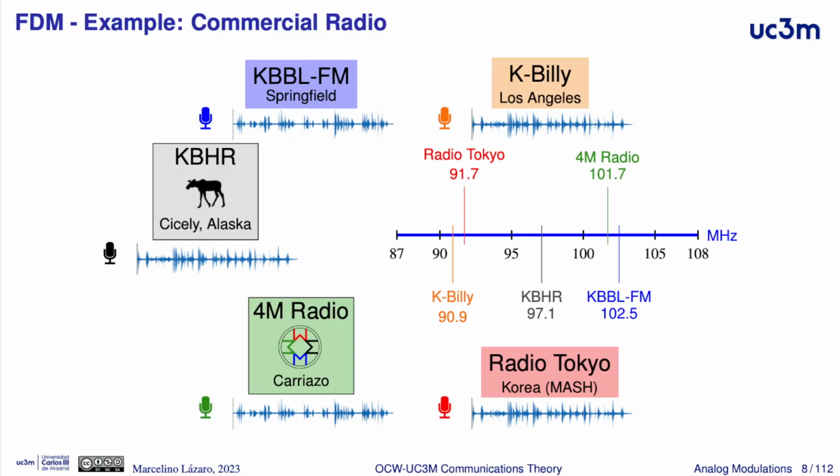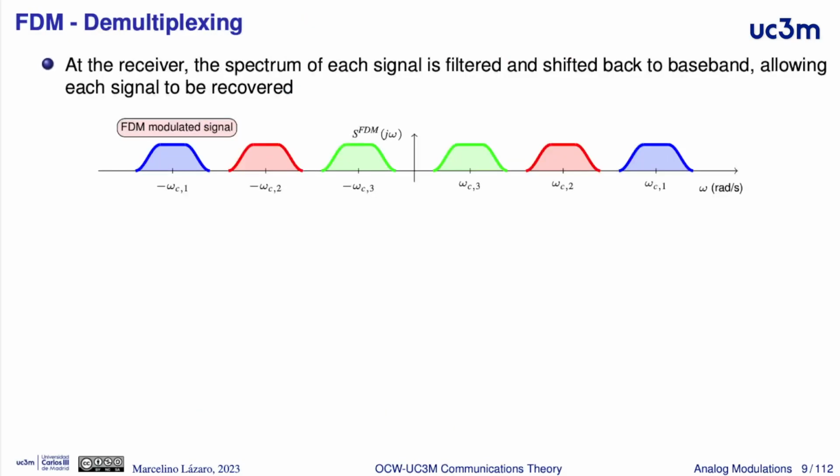When somebody is selecting one of the stations by tuning this station at the receiver, the spectrum of this signal is filtered, and then the spectrum is shifted back to baseband, and the listener can hear the selected radio station.